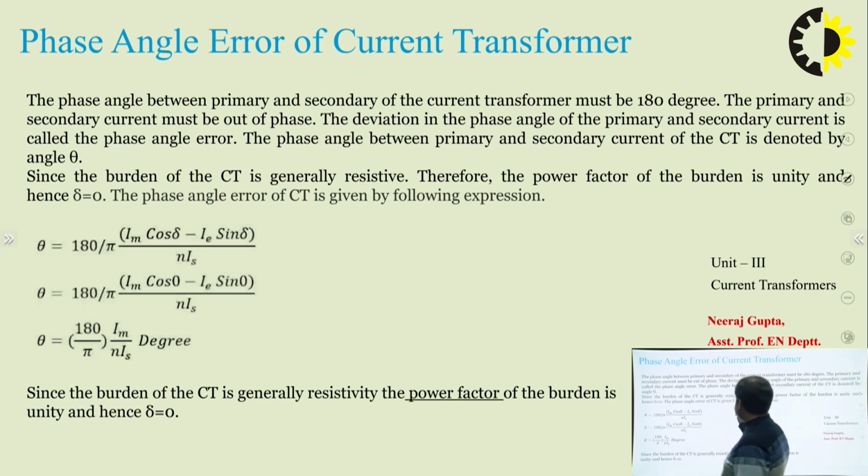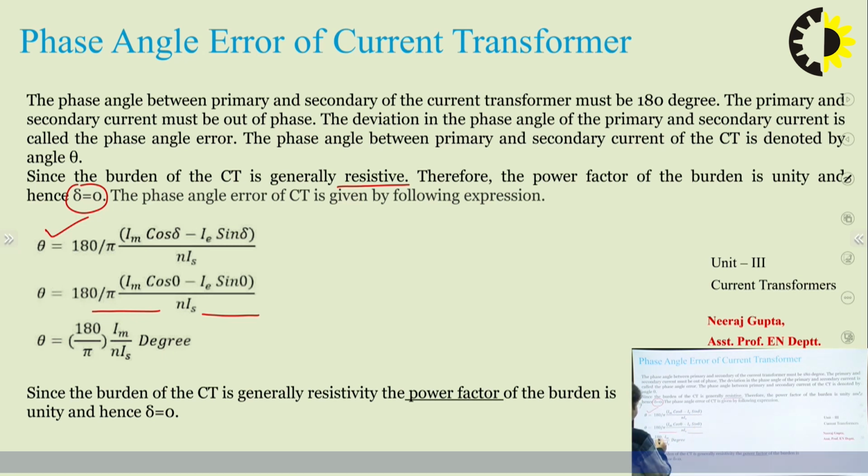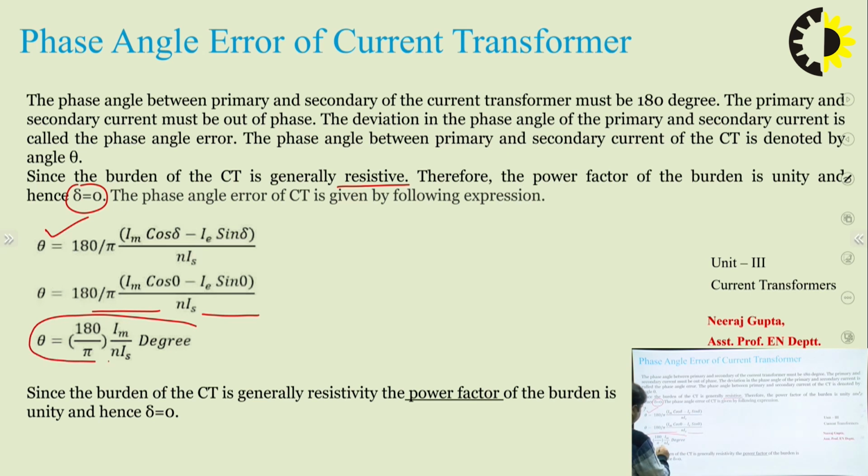Since the burden of CT is generally resistive, delta becomes 0. So the expression that we have calculated for theta, 180 by pi times Im cos delta minus I sin delta upon NIS, becomes, with delta 0, cos 0 is 1 and sin 0 is 0, so it remains only Im by NIS.